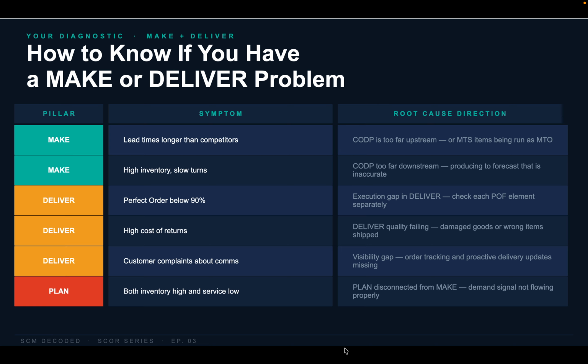That pattern almost always means plan is disconnected from make. The demand signal is not flowing through correctly. Pick your top symptom from this table. Now trace it upstream. That is your starting point. You start from there.